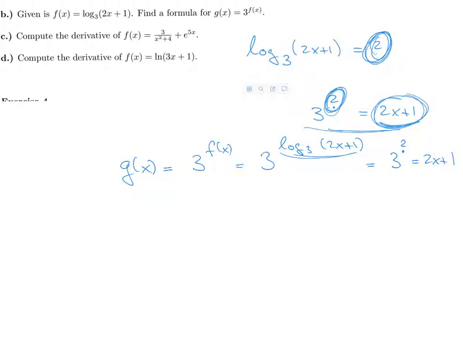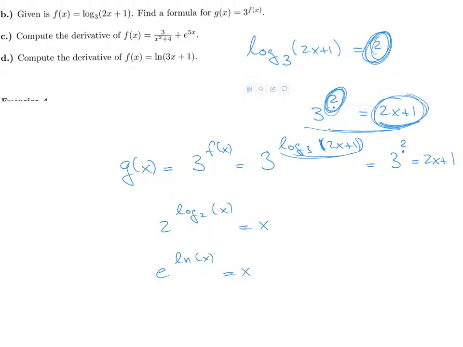In other words, 3 to the power of and logarithm to base 3 are inverse functions, and this is always just the argument of the logarithm. So for example, 2 to the power of logarithm base 2 of anything x is x, or e to the power of the natural logarithm of x is equal to x.